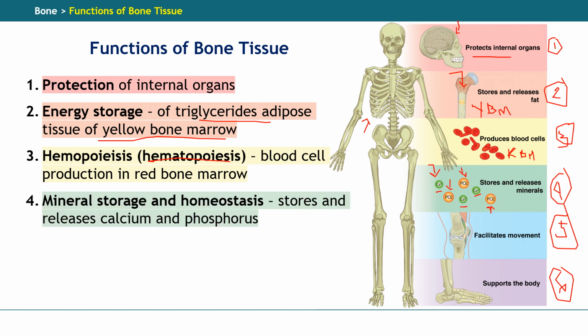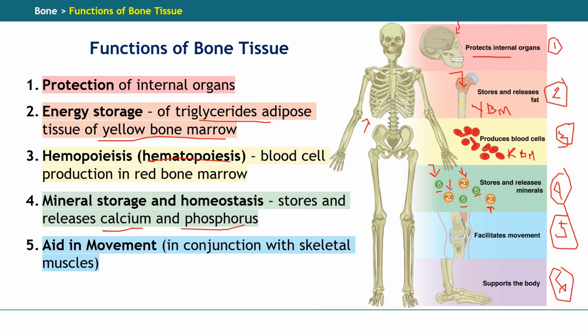The fourth one is the mineral storage and homeostasis, and we talked about two main elements, calcium and phosphorus. The fifth one, aided movement, that in conjunction with the skeletal muscle allows movement. And the sixth one, the easiest one, is the support of the body.